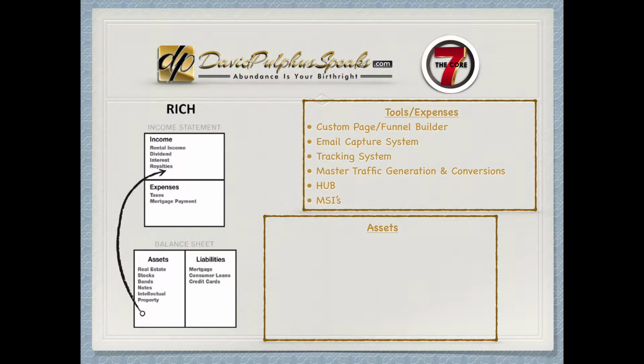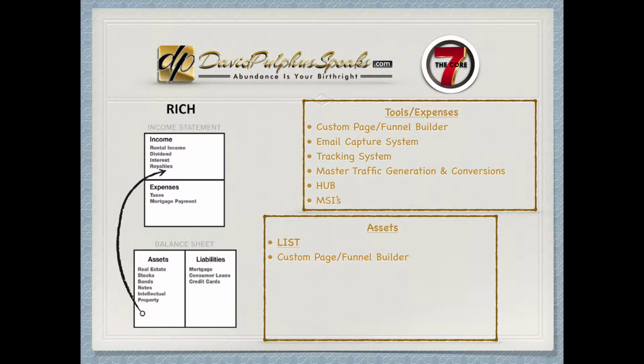Now check this out. Your assets. I keep talking about assets. Your number one asset as an affiliate marketer is going to be your list. Now, in order to get this number one asset, like over here you see real estate, stocks, bonds, notes, and intellectual property, guess what you will need as an asset?